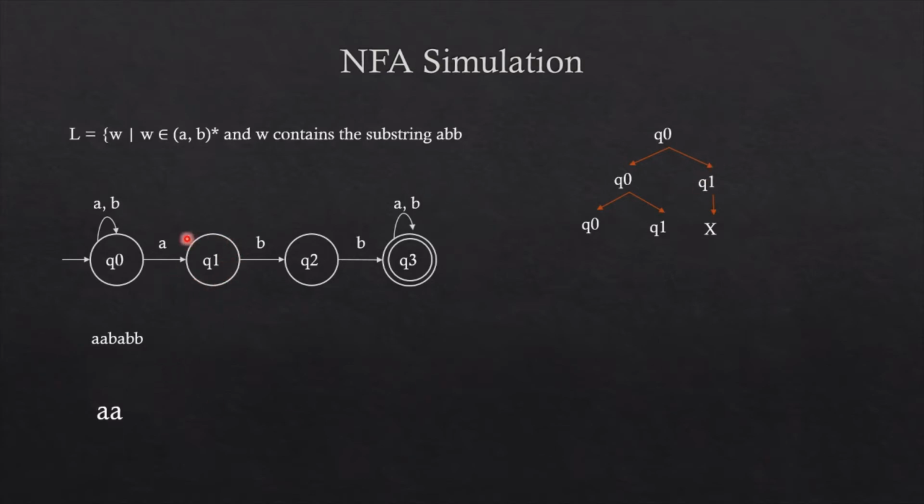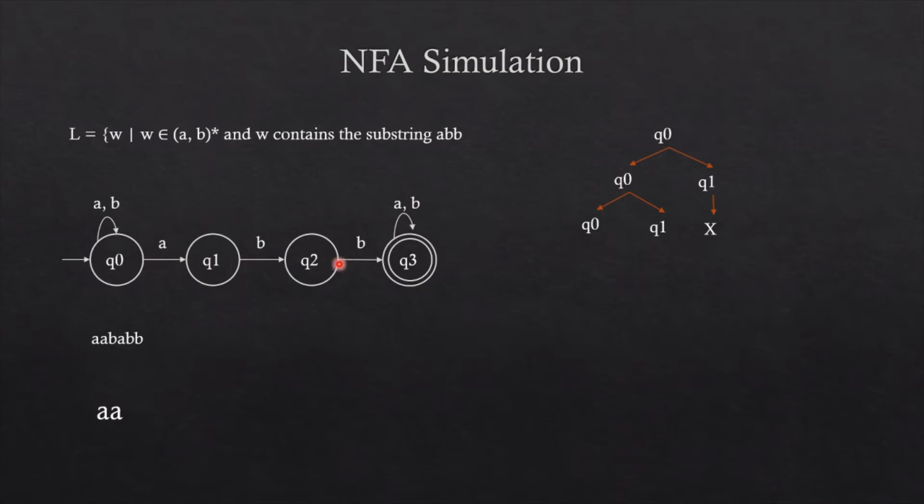The state Q1 basically means that the assumption that was made when the flow went to Q1 is that it's going to see a B after that, and it goes to Q2, and then it's going to see another B after that and end up being the substring ABB. But after A, if it sees another A instead of a B, it means that the assumption was wrong, that it was a wrong guess.